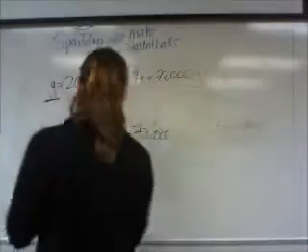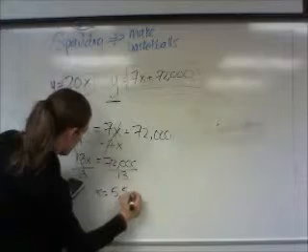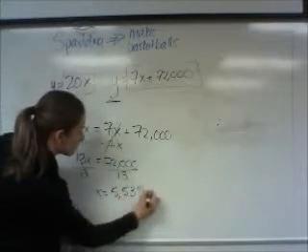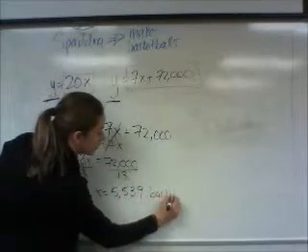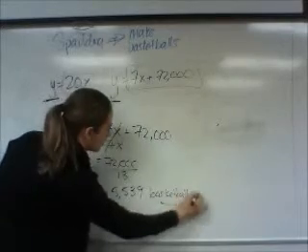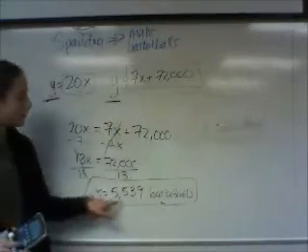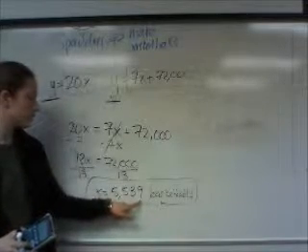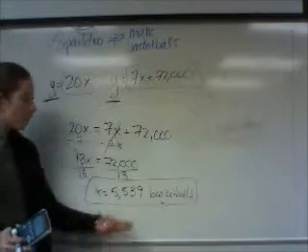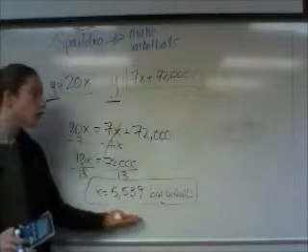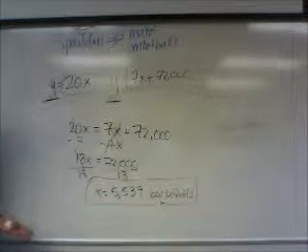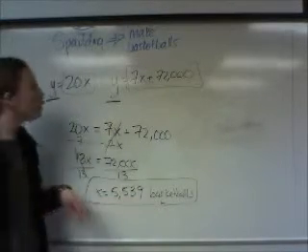So I get 5,539 basketballs. What this means is if I sell 5,539 basketballs, the cost of making these many basketballs will equal the amount of money I make. So I'm going to break even. I will make no money, but I won't lose any money.